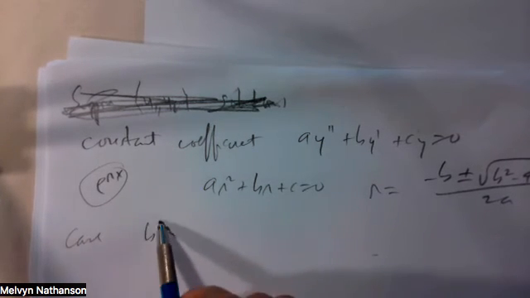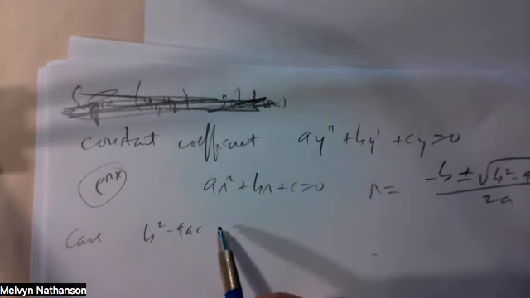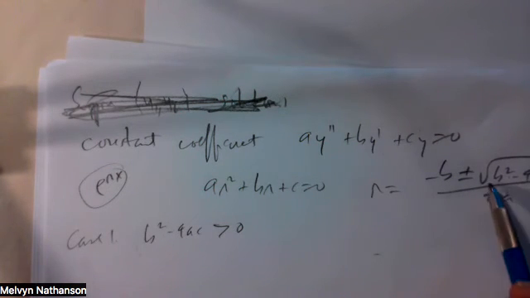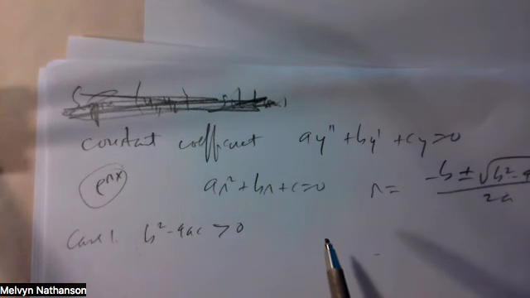So in the first case, b squared minus 4ac is a positive number. So what's under the square root is positive, and we have two non-zero square roots.